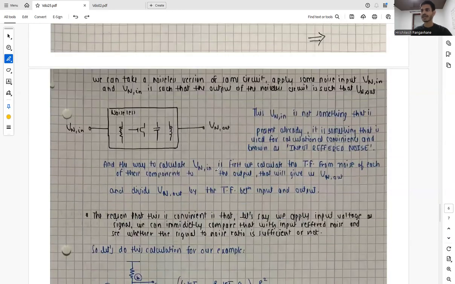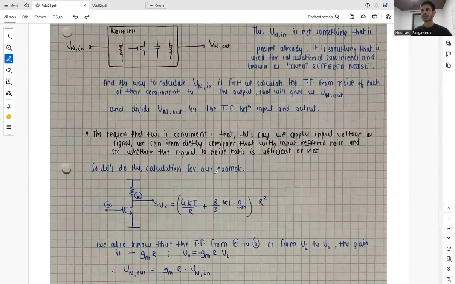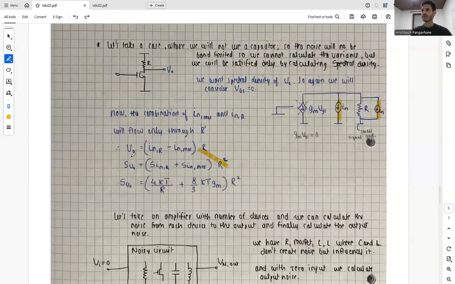The reason this is convenient is that, let's say we apply input voltage as signal, we can immediately compare that signal with the input referred noise, and see whether the signal to noise ratio is sufficient or not. So let's do this calculation for our case over here.